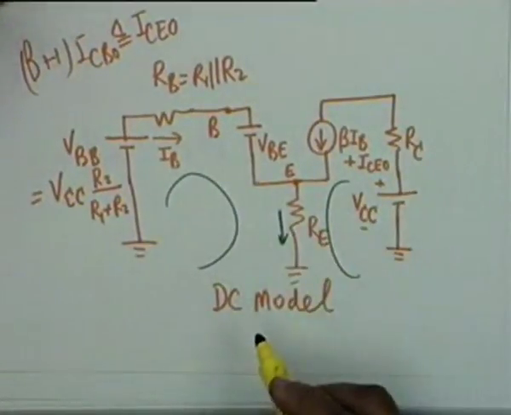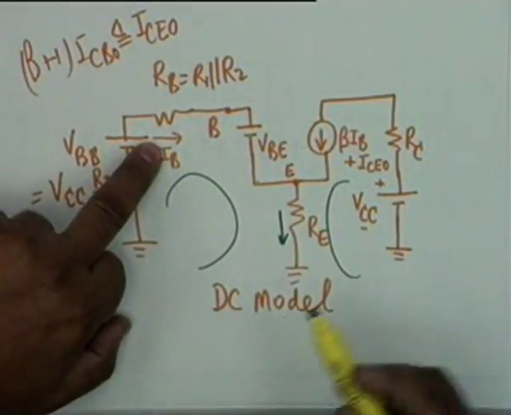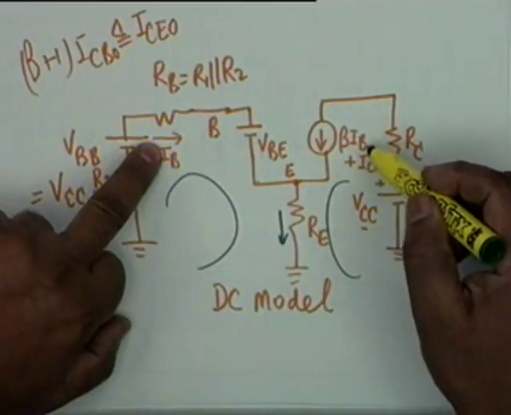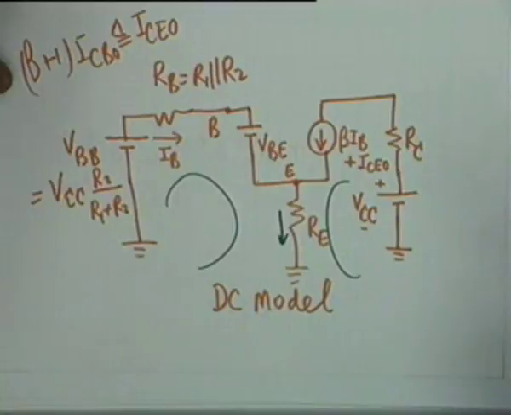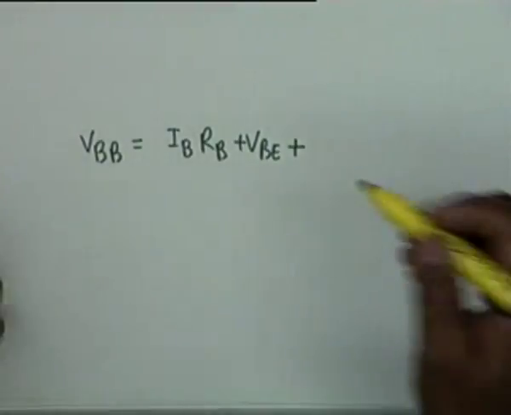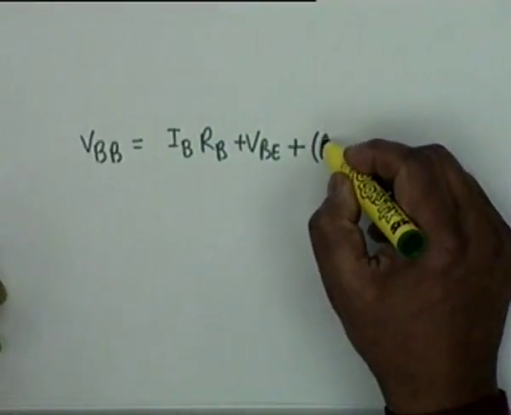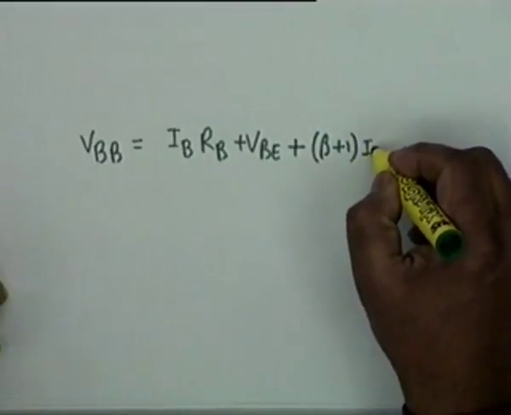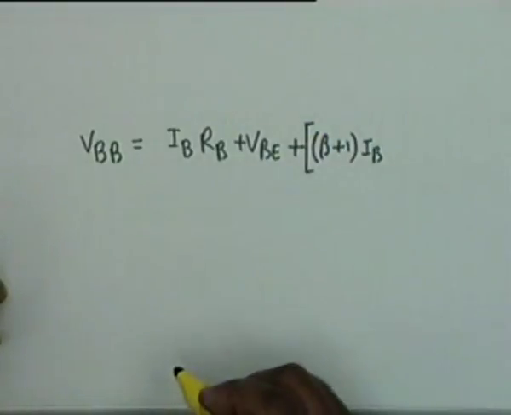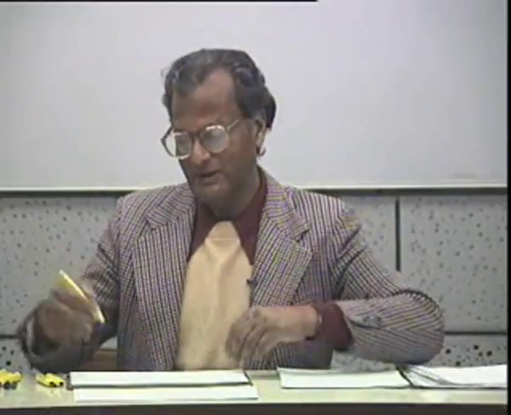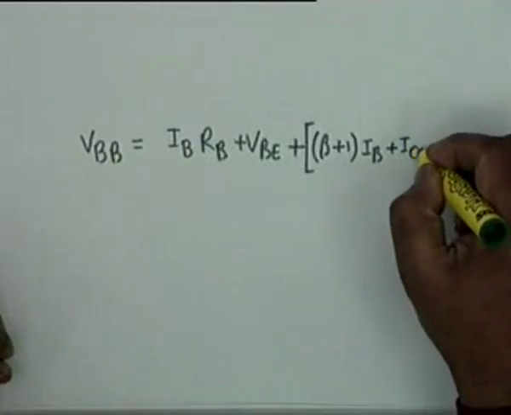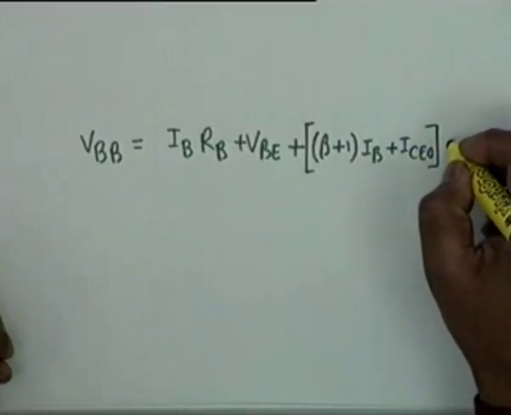This current is the sum of IB and this current, beta IB plus ICEO. So the current is beta plus 1 IB, beta IB and IB from the left and beta IB from the right, plus ICEO multiplied by RE.